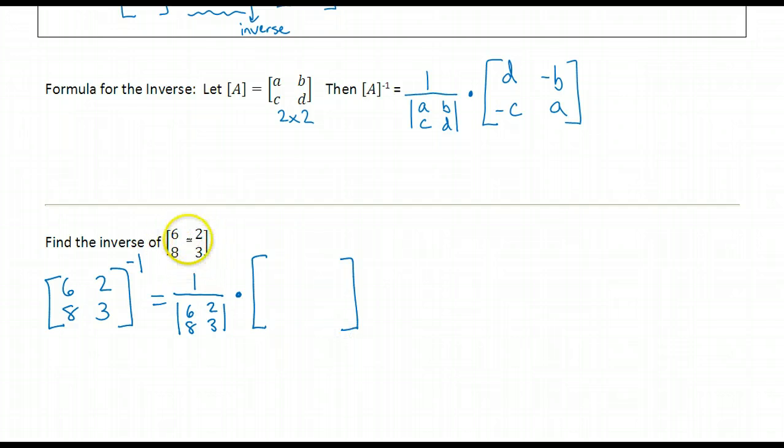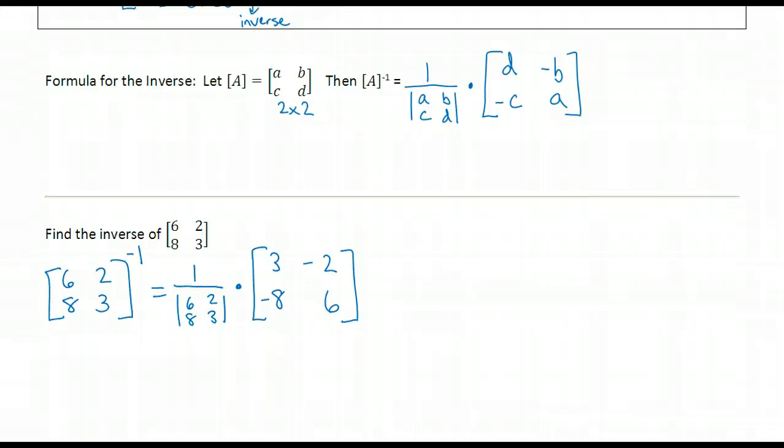I'm going to switch these two numbers around, 3 and 6. I'm going to keep the 2 and the 8 in the same spot, but I want the opposite of those two numbers. These two numbers are both positive, so I'm going to make them both negative. If they were negative, I'd make them positive.